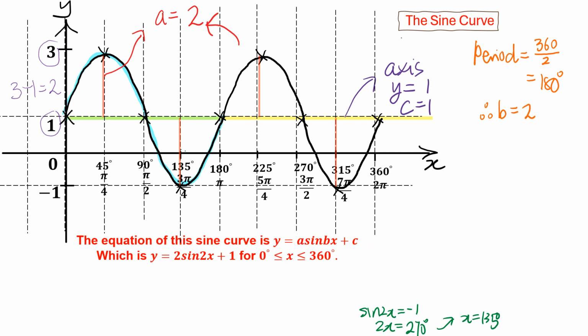And that gives you y equals 2 sine 2x plus 1. And the range that we need to sketch will be between 0 to 360. So in this case here, we have 2 cycles. Okay, we have 2 cycles here.